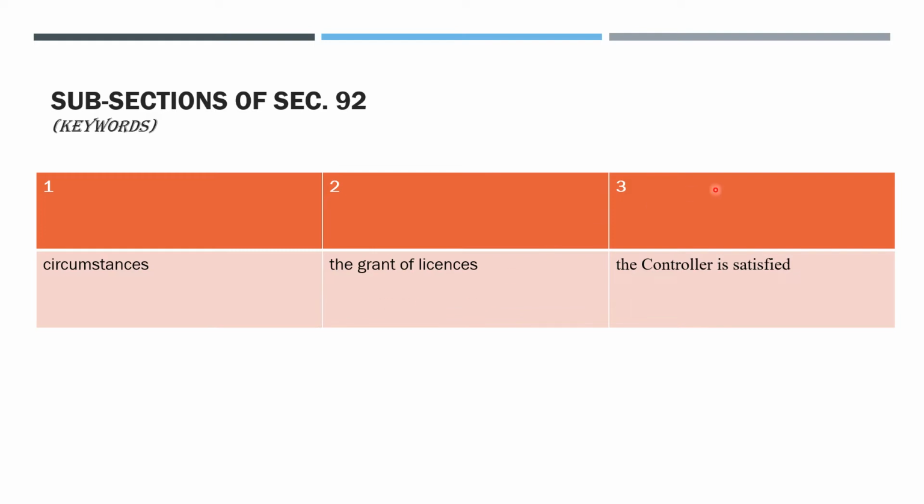And for subsection 3, the key phrase is the controller is satisfied. Please try to remember these key terms, so that by remembering them we can easily recall the specific subsections of a particular section. Okay, so let us proceed.